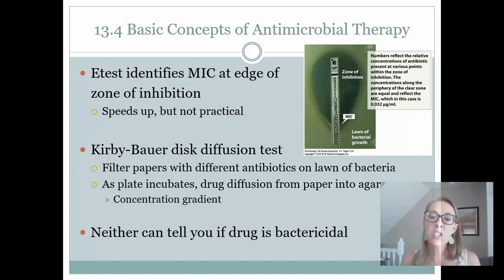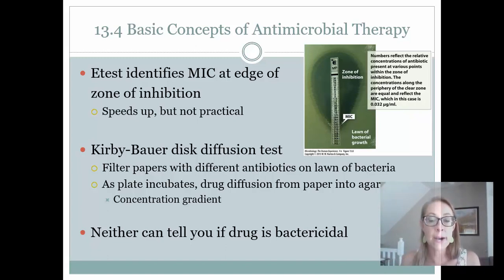We create what is called a lawn of bacteria. You will inoculate the plate by taking your loop with bacteria and spreading it all one direction, back and forth, coating as much of that plate as possible. And then you'll turn it 90 degrees and do that same movement. The idea here is to coat the entire surface of the plate with bacteria.